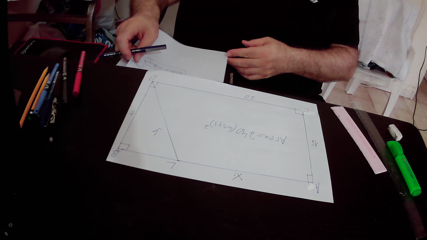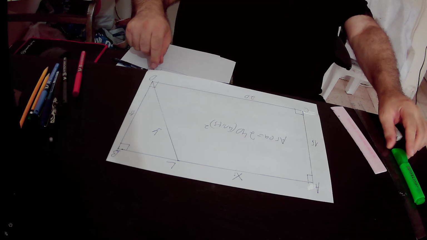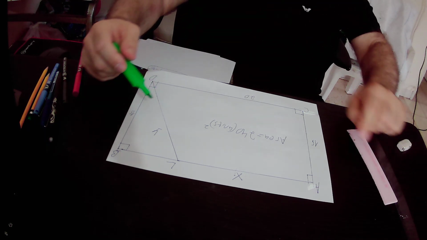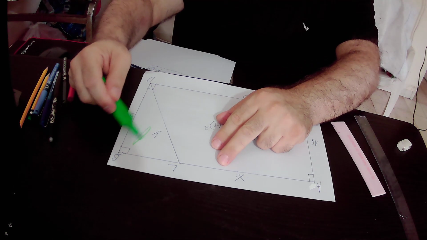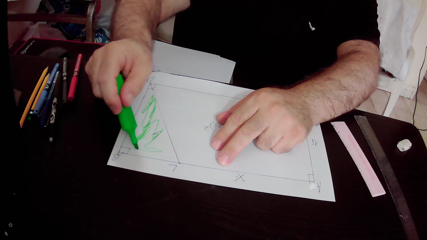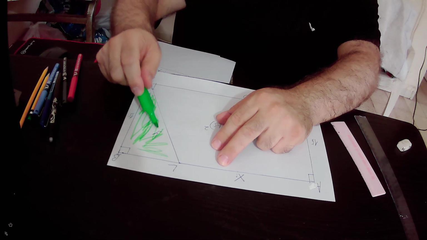Okay. So what is the area of the right triangle LBD? The right green triangle LBD. What is the area of this right green triangle?